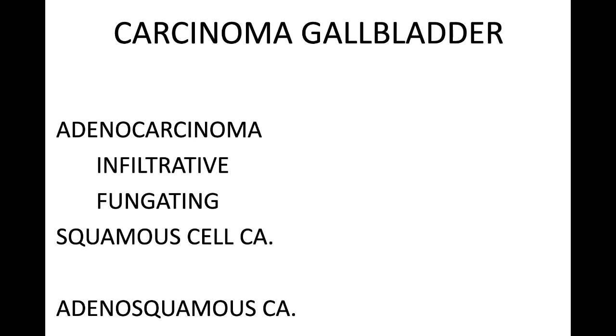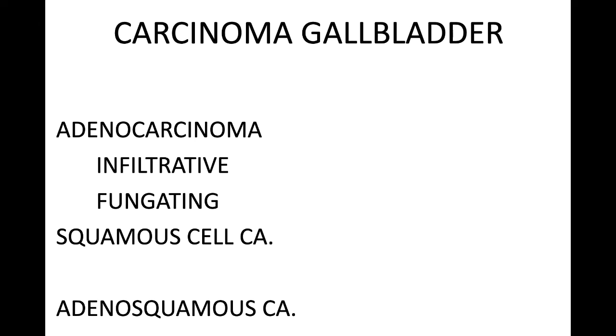So morphologically, it may be infiltrative type, fungating type, or exophytic type. Exophytic type is a growth resembling a cauliflower. Histologically, it may be papillary or infiltrating, ranging from well differentiated to moderately or poorly differentiated carcinomas.